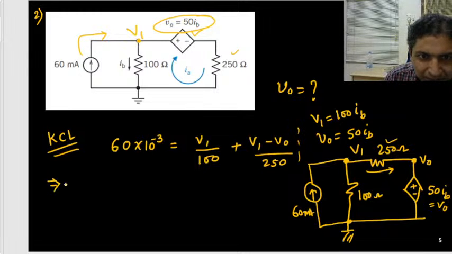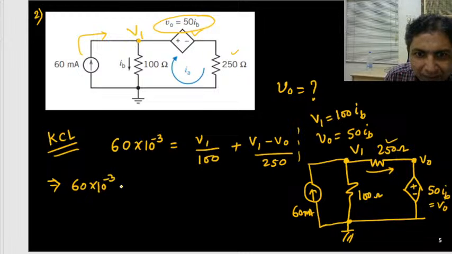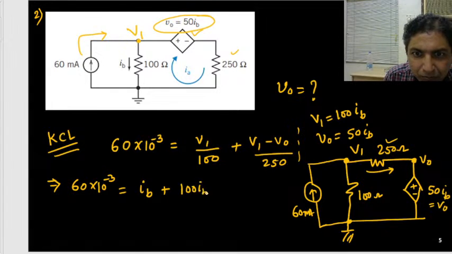So 60 times 10 to the power minus 3 equals, V1 is 100 times IB, this is becoming IB only, plus this V1 is 100 times IB and V0 is 50 IB upon 250.